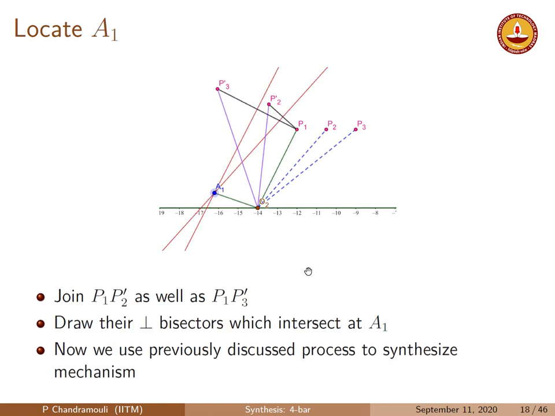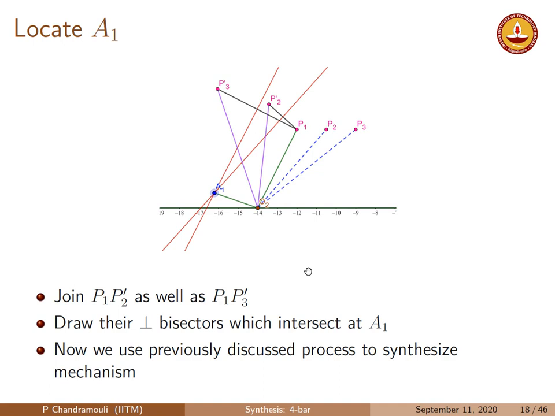All right. So now we try to locate A1, which is the crank location. To do that, we join P1 to P2 prime as well as to P3 prime, and we draw the perpendicular bisectors of P1 P2 prime and P1 P3 prime in this inversion.